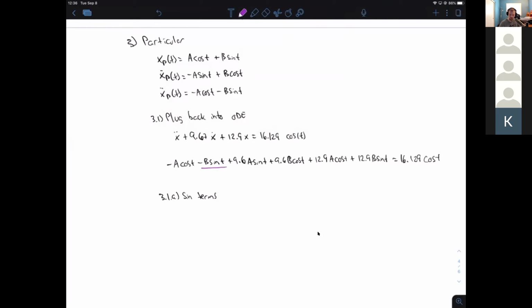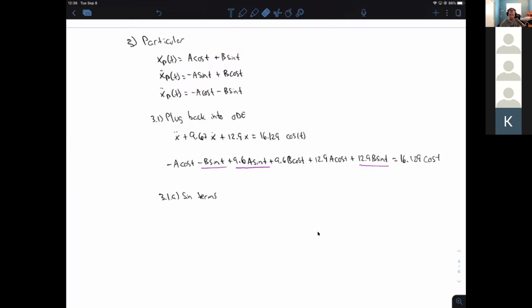So we have minus b sine of t, 9.6a sine of t, and then 12.9a cosine of t. Or sorry, undo sine. Yeah.